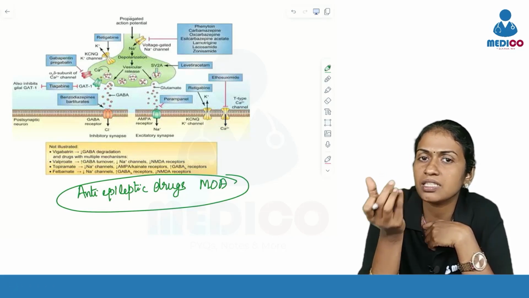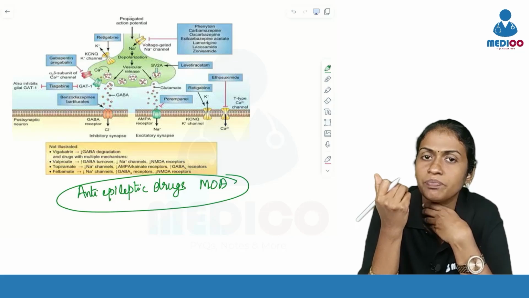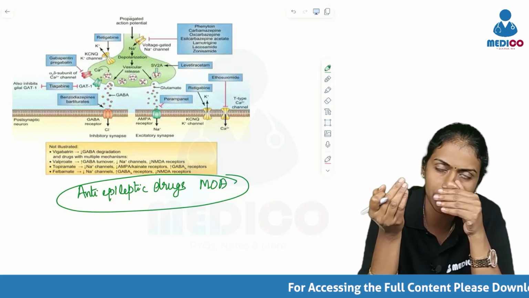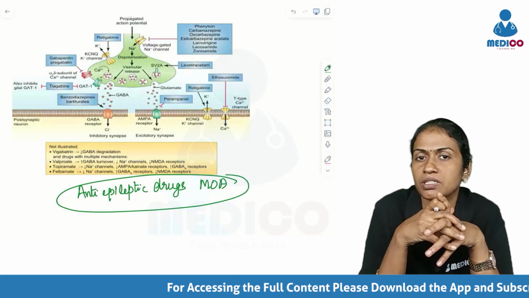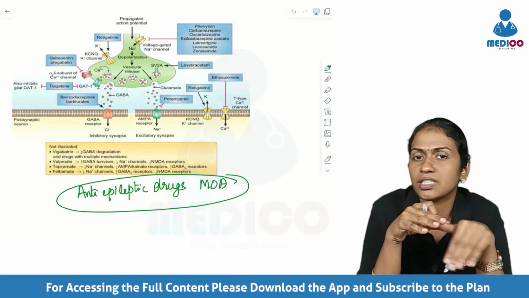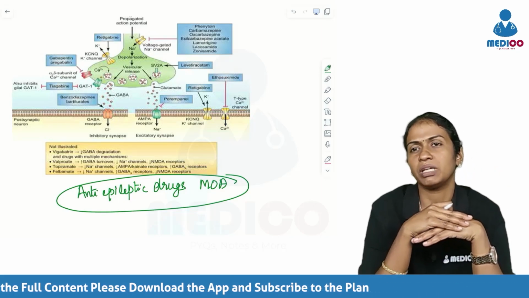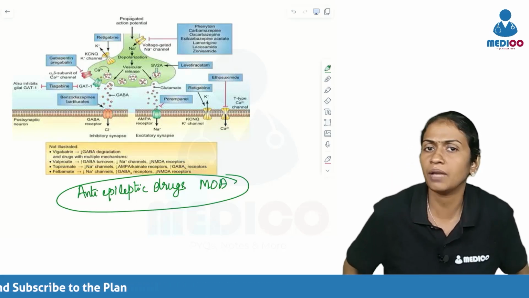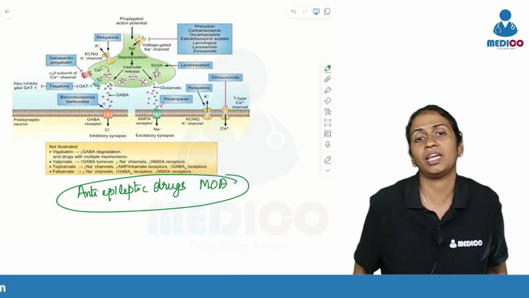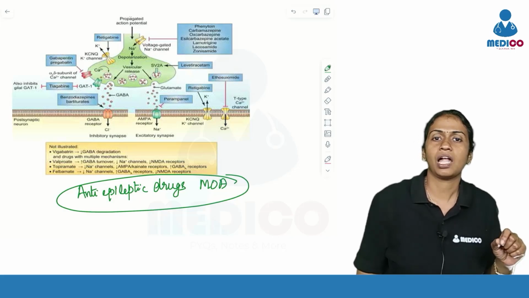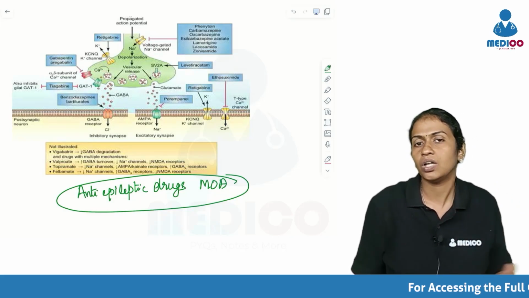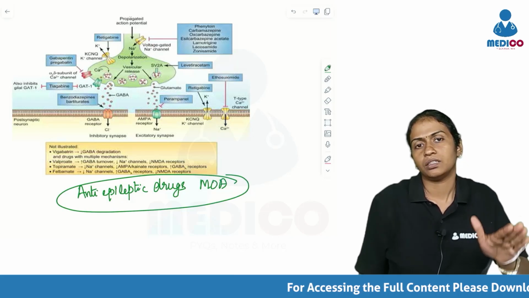So you can increase the GABA chloride channel transmission, or you can decrease the excitatory neurotransmission, and the excitatory neurotransmitter is glutamate. So you decrease the glutamate neurotransmission. Glutamate acts through different receptors: you have NMDA, AMPA and kainate receptors, and most of the newer ones act through these glutamate and other novel mechanisms.